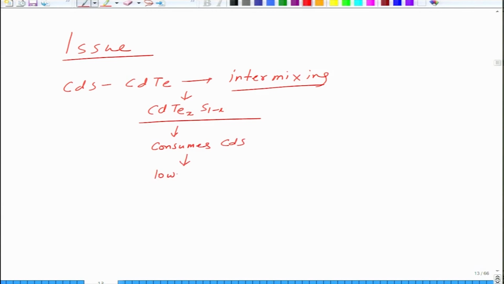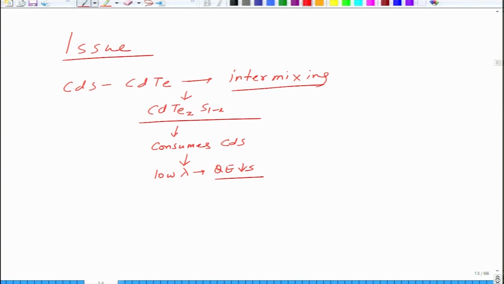As a result, low wavelength QE reduces, okay, because CdS is a high band gap material. So it is mainly used for the lower wavelength side absorption, and when it gets consumed, the amount of CdS is reduced, and hence it reduces the quantum efficiency on the lower wavelength side or higher energy side. And again, this is prevented by CdCl2 treatment to some extent. Okay.